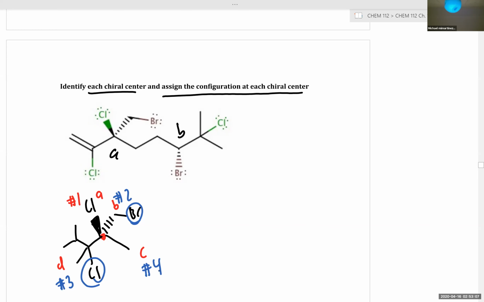So we need to rotate our molecule so C is in the back. To do that quite simply, just like we did in our simplified model, all we do is we turn our model. So now this big bulky group C is in the back, and we draw what we see.